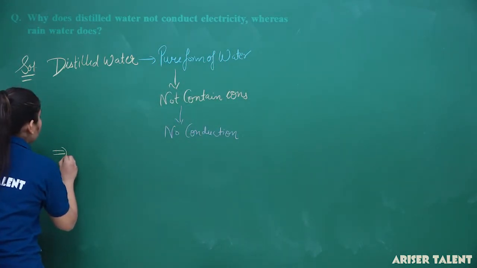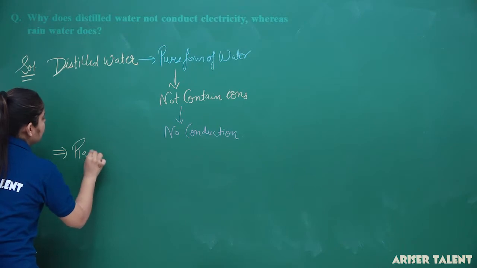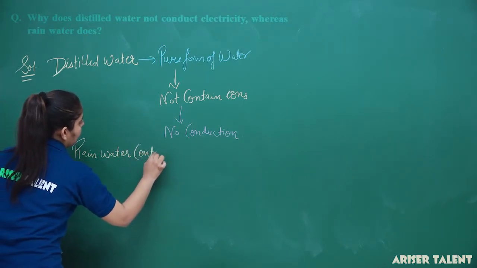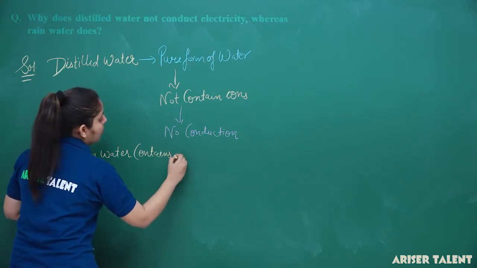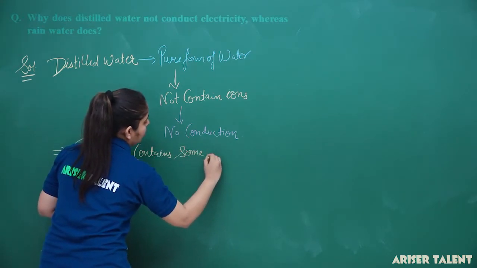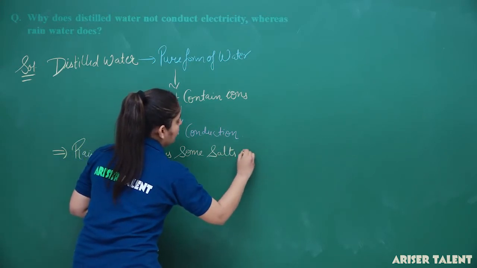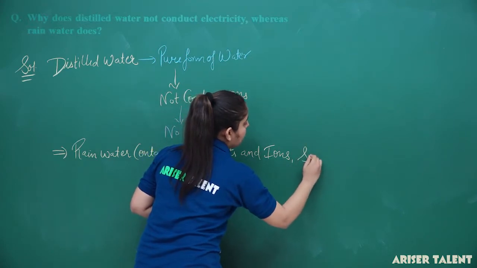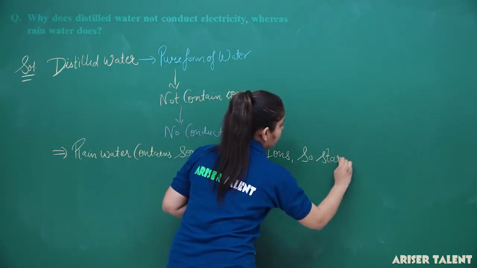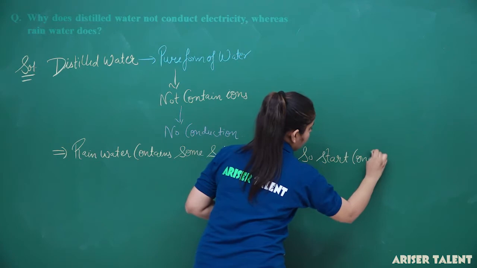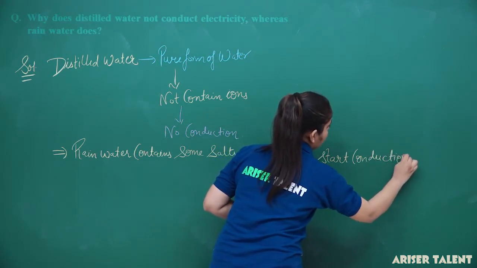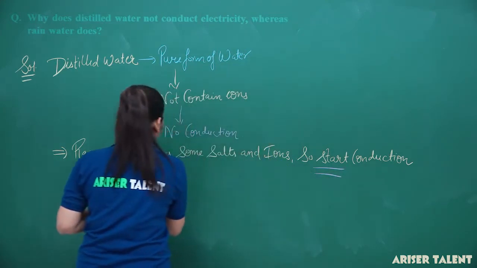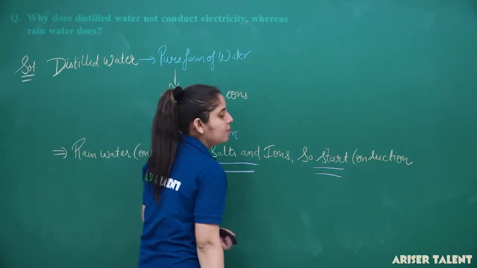So, for rainwater we can write that conduction will be possible in the case of rainwater because it contains some salts and ions.